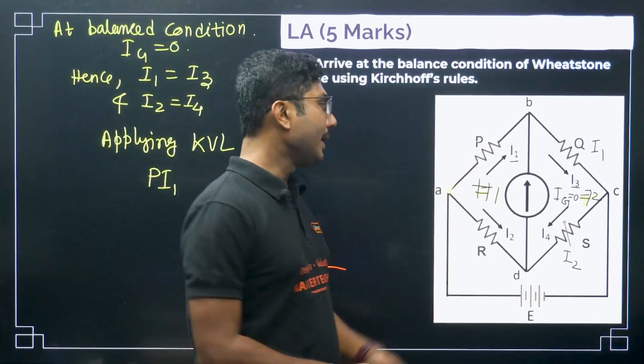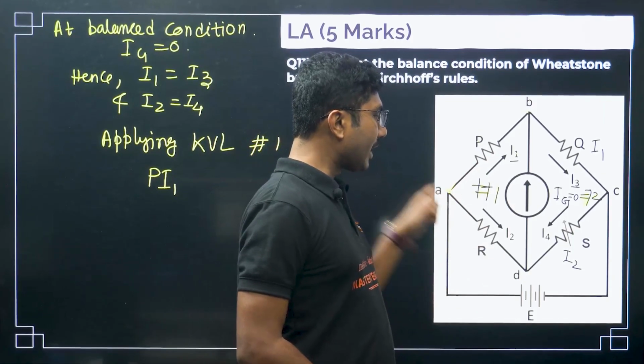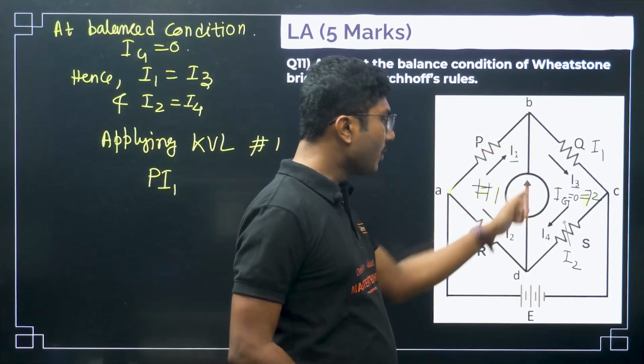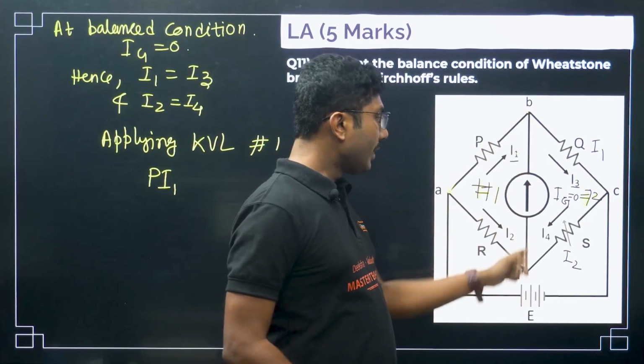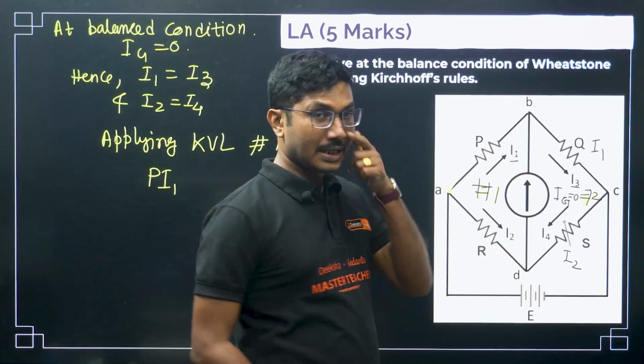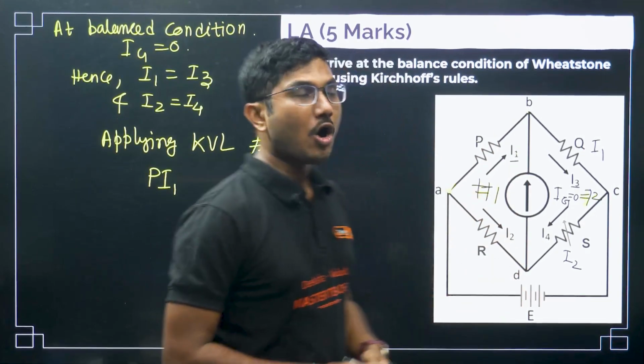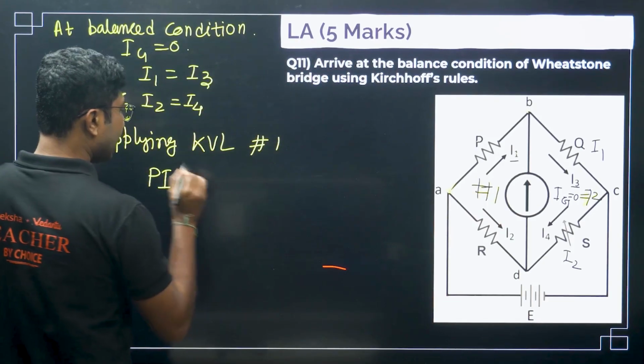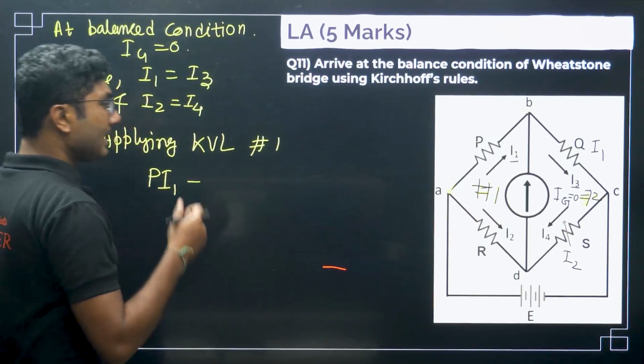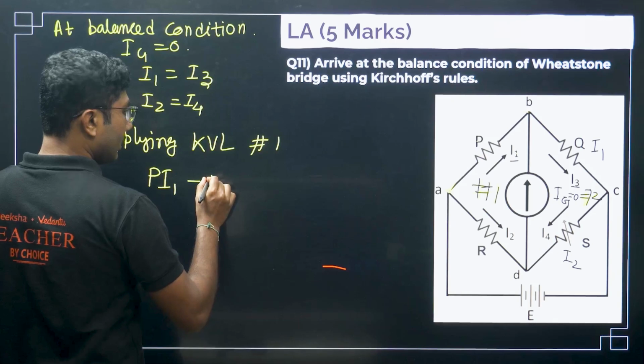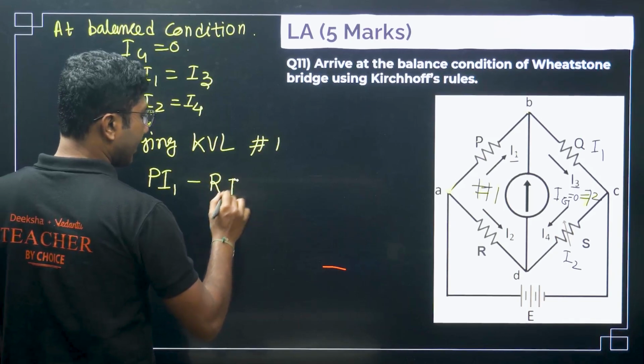So the current originally will try to go in this direction, but to close the loop, we have to go in the opposite direction of the current. So if we are going in the opposite direction of the current, then there will be a negative sign. So it will be R into I2.